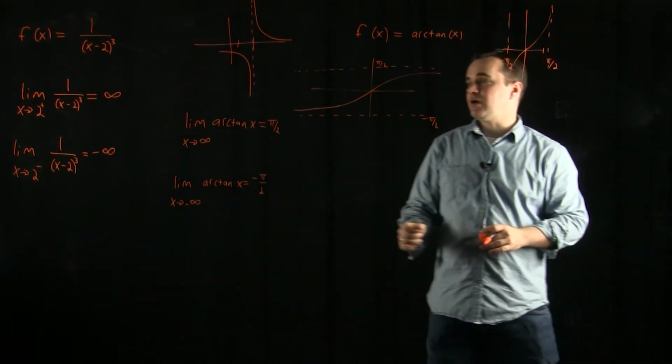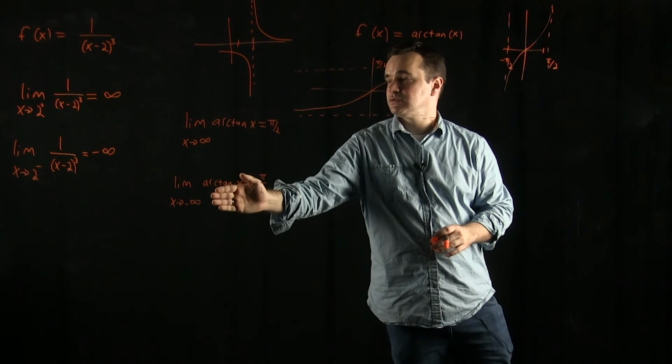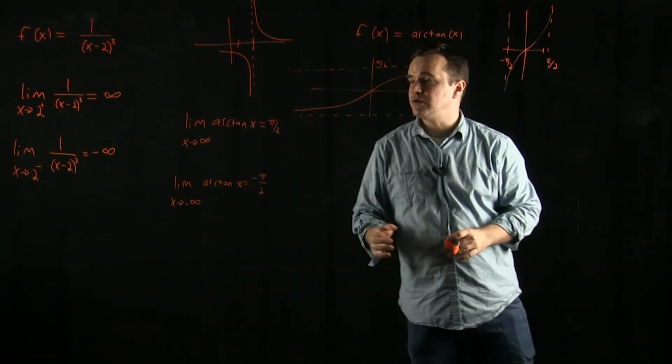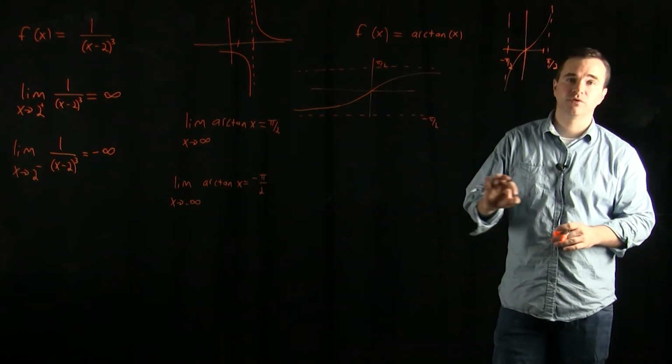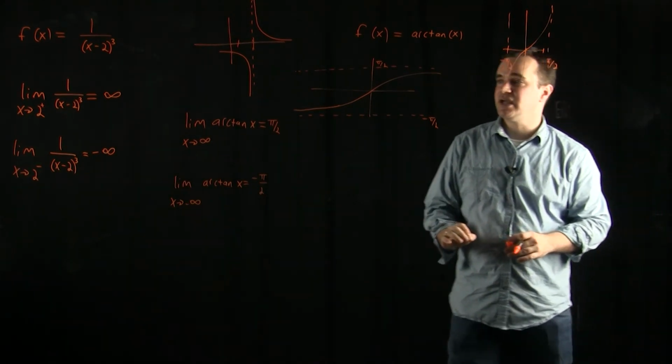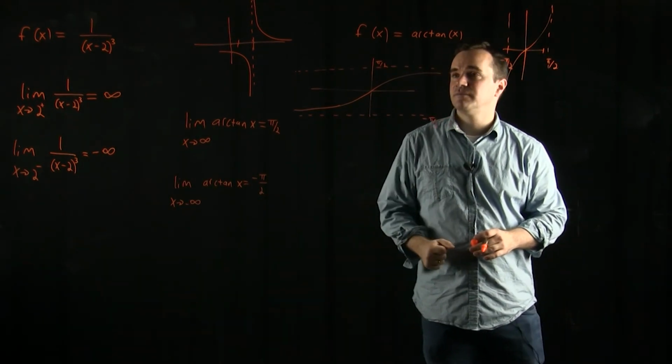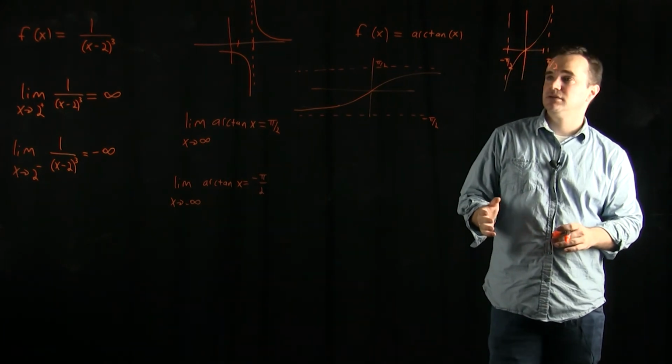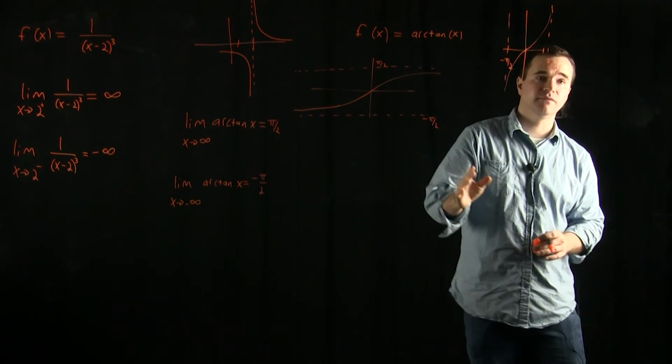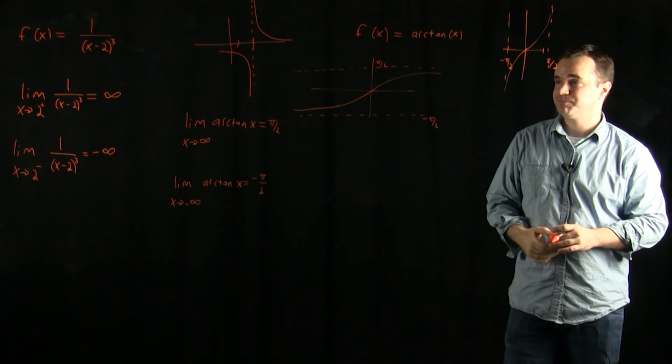Now, when you're thinking about the limit as x goes to infinity or negative infinity, that has to do with horizontal asymptotes. And in that case, the limit itself is going to be the y value of the respective horizontal asymptote in many cases.